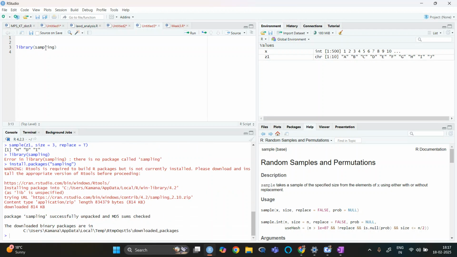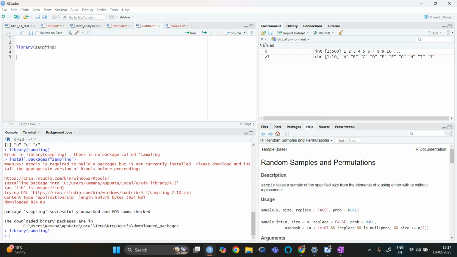Ma'am, the library package is not available in the base package initially? Yes, sample is available in the base package, but the sampling library is not in the base package.